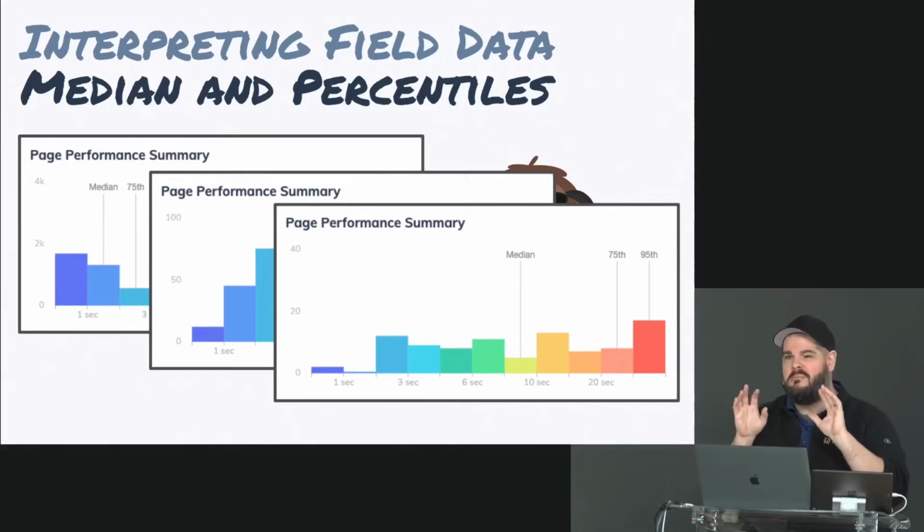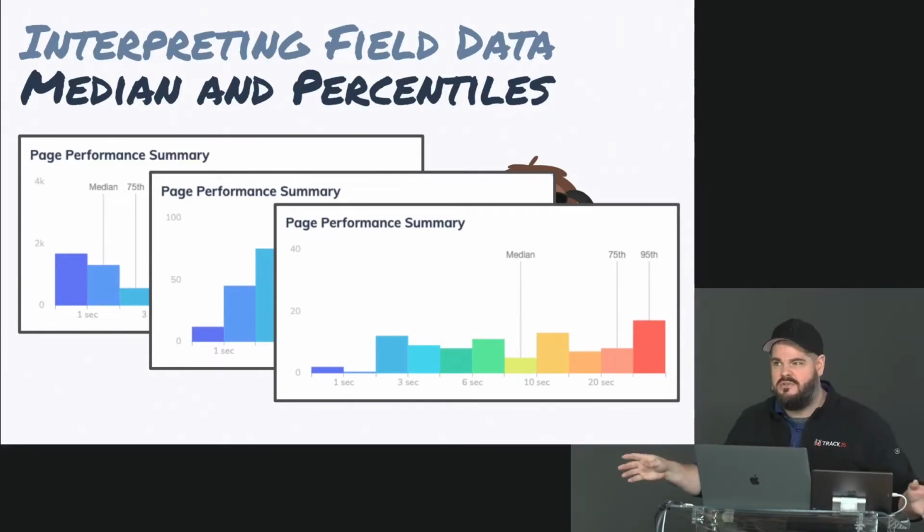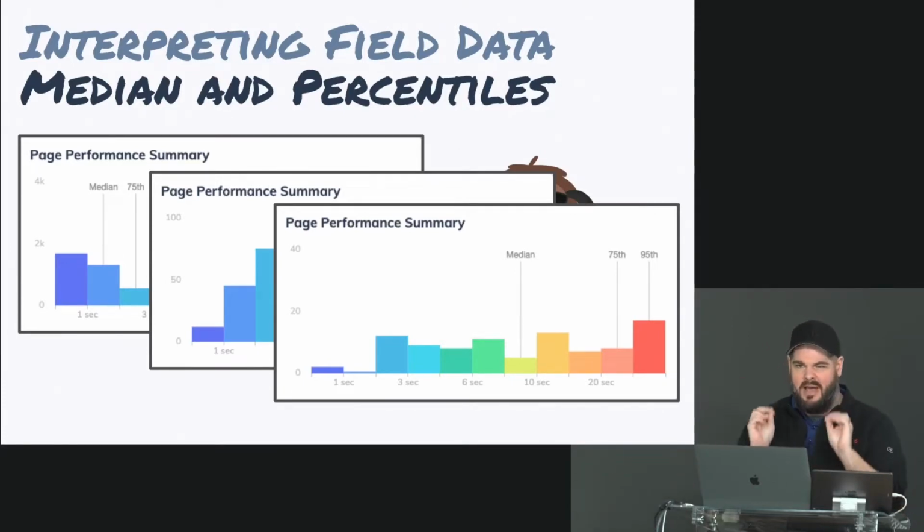So when you start measuring your own field data, you have to look at it thinking, I have a distribution of users. That distribution is biased based on where my data is coming from. And then what does that data tell me about my site and how it performs for different classes of users? Now, I know those are a bunch of abstract questions because they are.